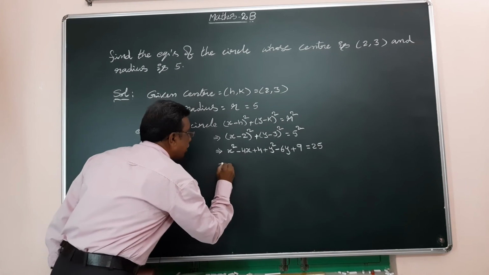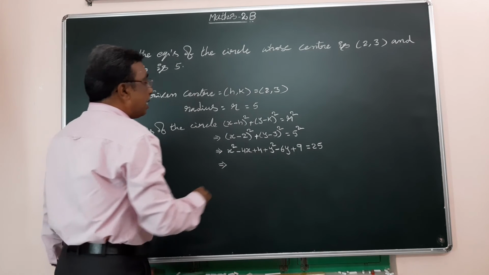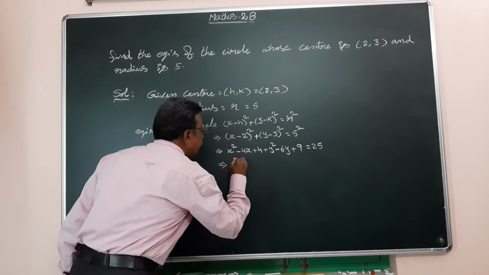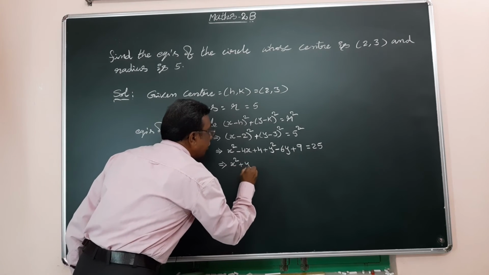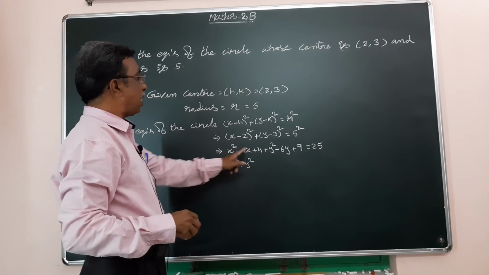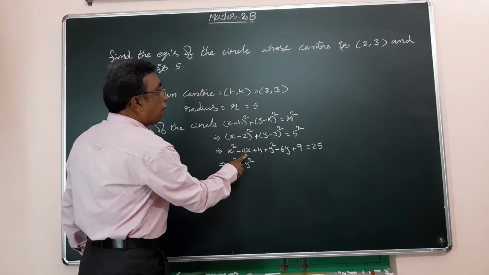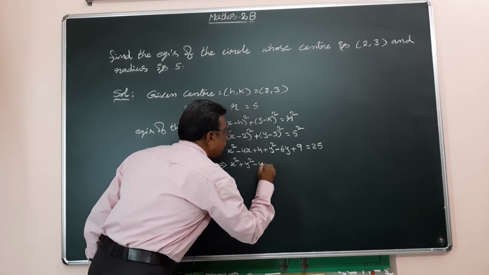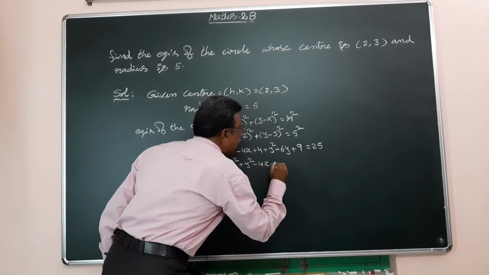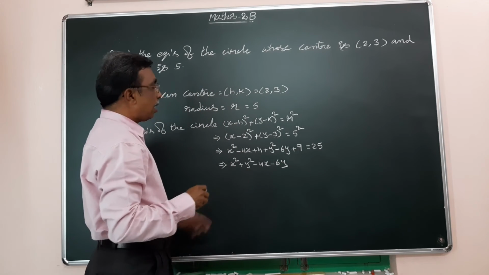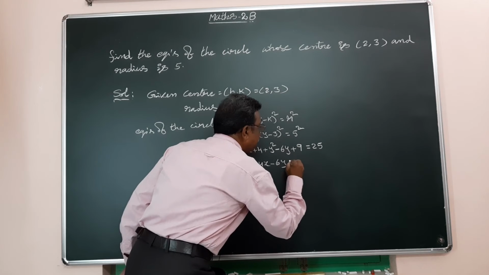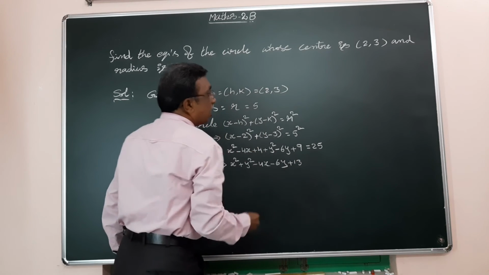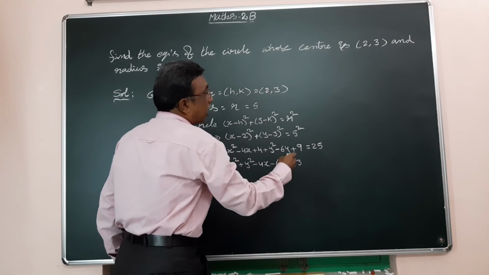That implies x square plus y square minus 4x minus 6y, 4 plus 9, 13, plus 13. Now we take this from RHS to LHS.